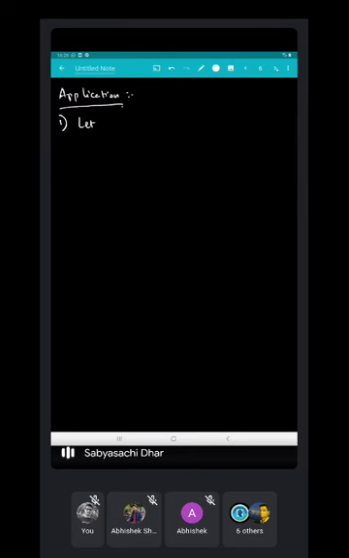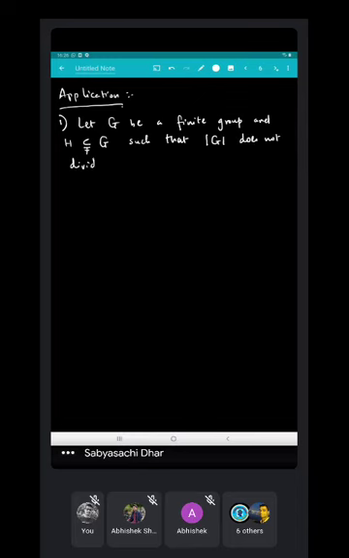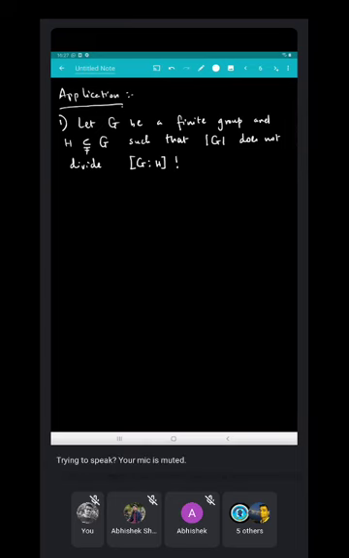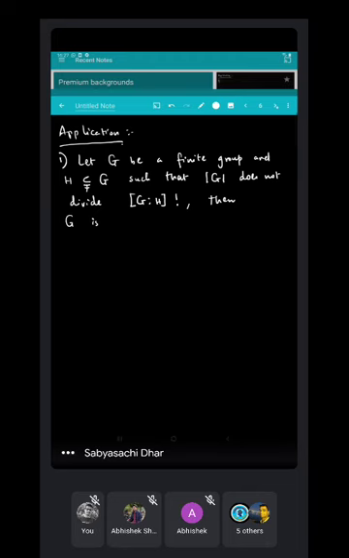So let G be a finite group, and H is a proper subgroup of G such that the order of G does not divide the index of H in G factorial. Then G is not simple.